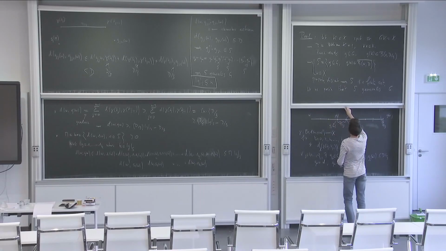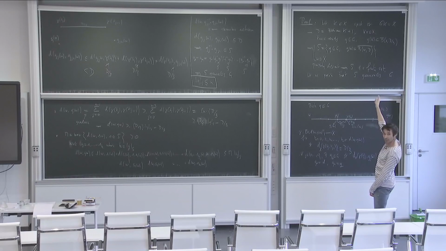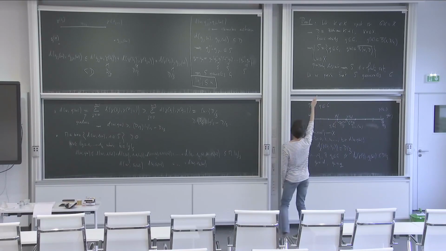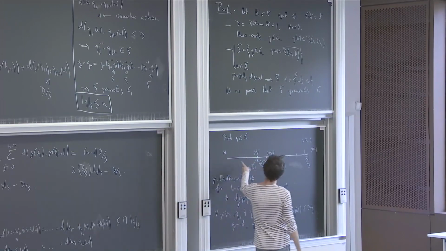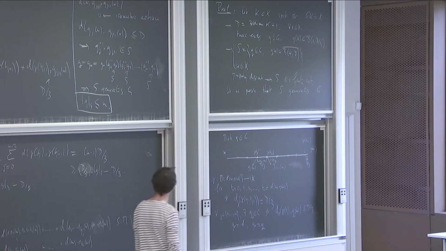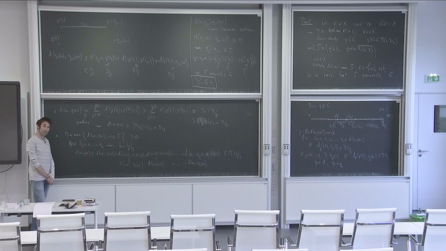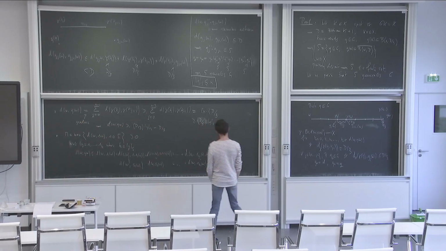The fact that it was co-compact enabled me to find a good size where to look at the metric space. The fact that it was properly discontinuous told me that the set S was finite. And then I used the fact that it was geodesic to get to this situation that I used several times. And the fact that we had an action by isometries, I used plenty of times. Okay, so this is the end of the proof.